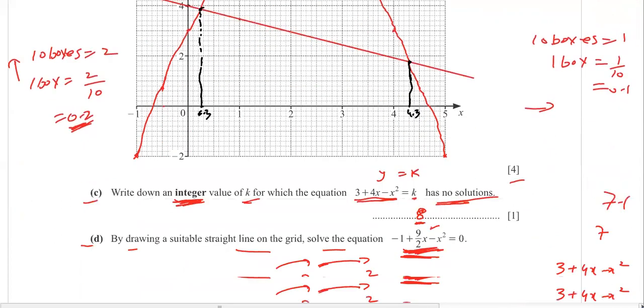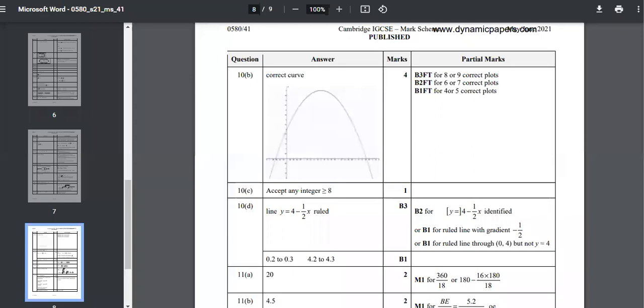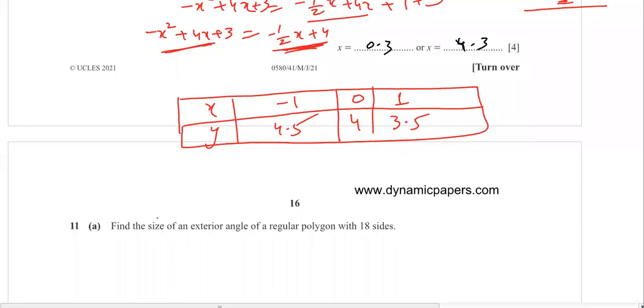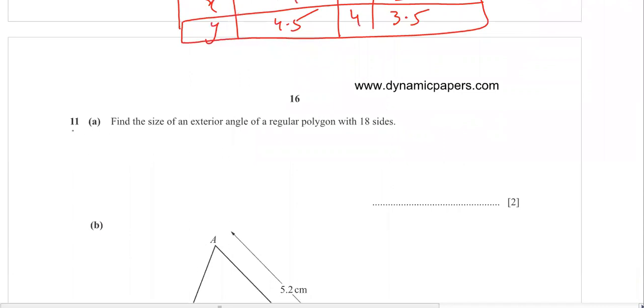So these are the two values, 0.1 and 4.1. Maybe this question looks a little bit difficult to you, but once you have practiced 2, 3 questions of this type, there will be no problem at all. You will find this the easiest question. Okay. The next is question number 11, part A.